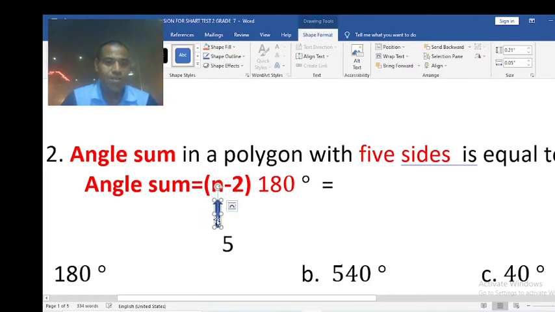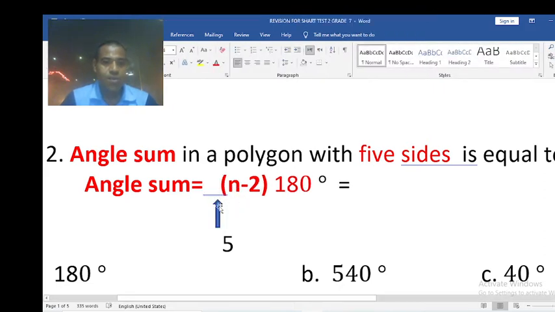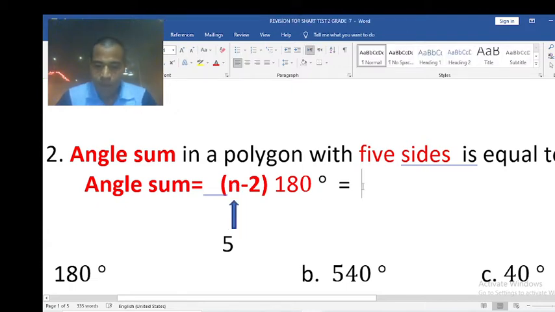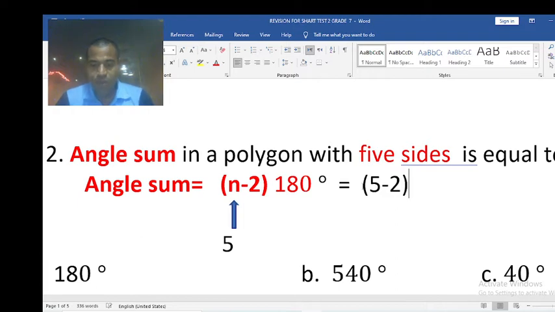So n is equal to 5. I will write it as, between parentheses, 5 minus 2, and close the parentheses, multiplied by 180.